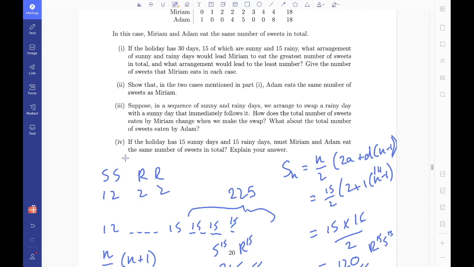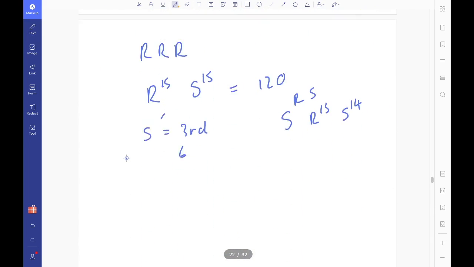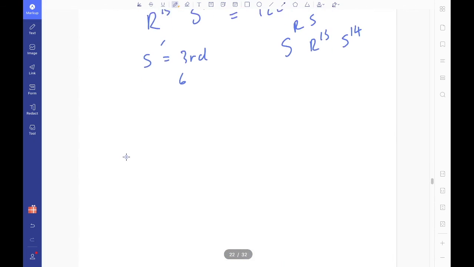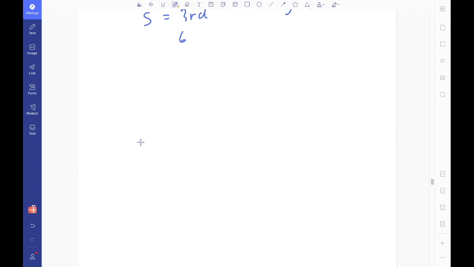Okay, does that make sense? Or it is going to change the overall amount that they both eat, but they both will eat the same amount no matter what happens, because you can get to any arrangement by a series of consecutive swaps. It's basically like saying you can put a sunny at any position you like in those 30 slots that you have just by a series of swaps.